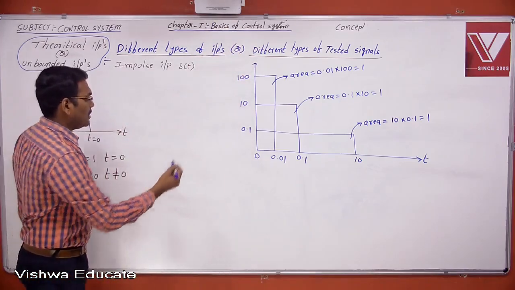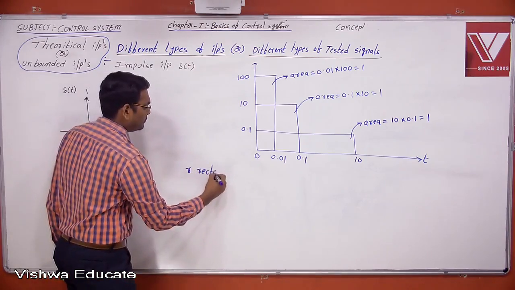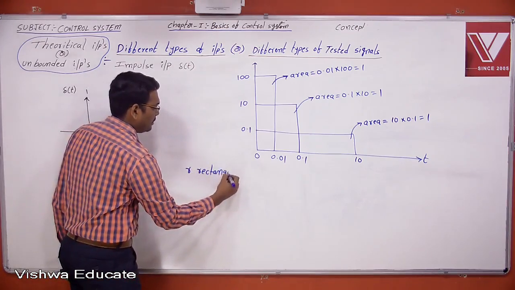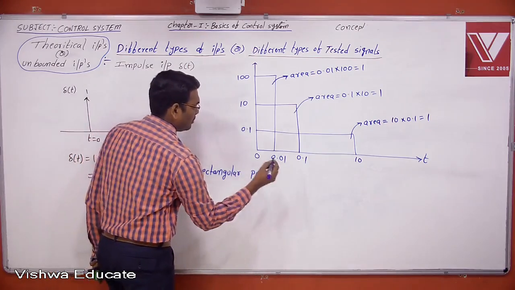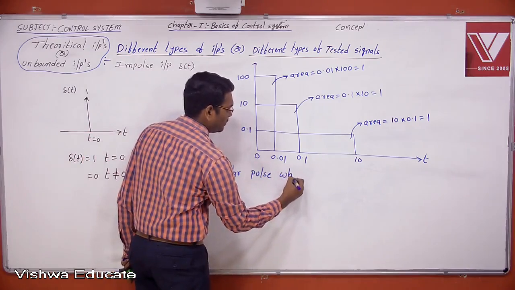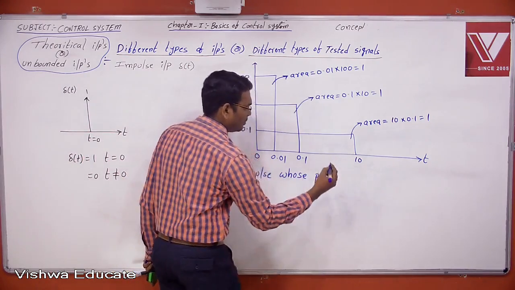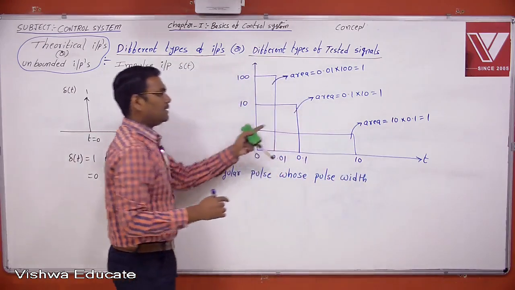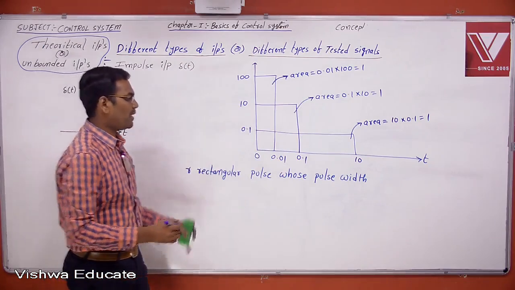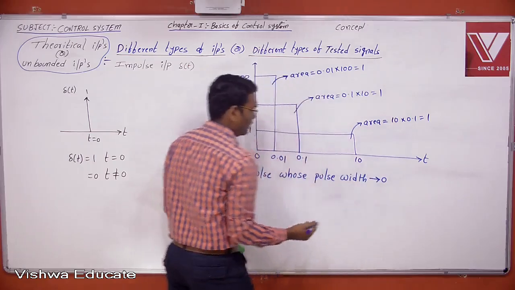Now the question is, this is a rectangular pulse whose pulse width tends to 0. Then what happened?